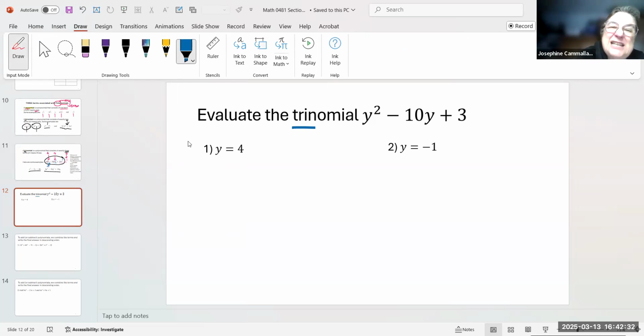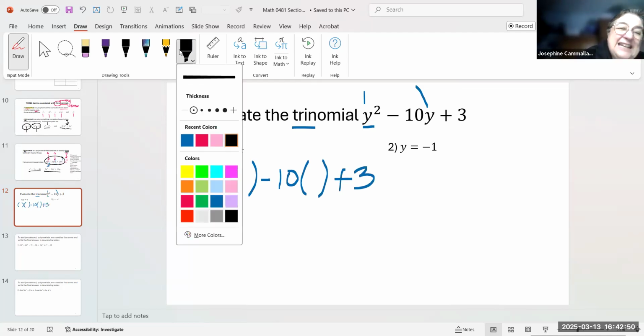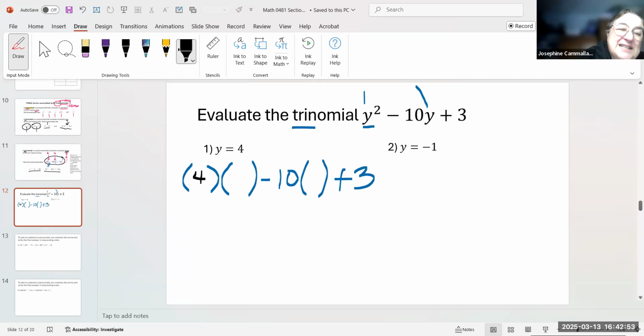Technically, see where these letters are? I am going to write 2 parentheses for this y squared minus 10y, and I'm putting my parentheses, plus 3. Inside each parentheses, I'm putting 4.